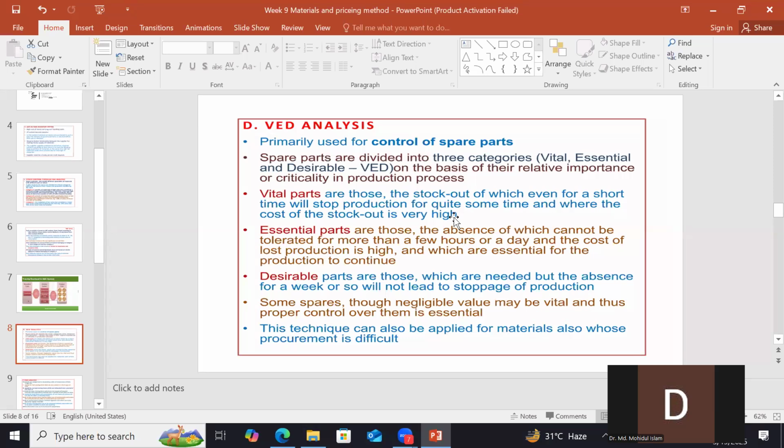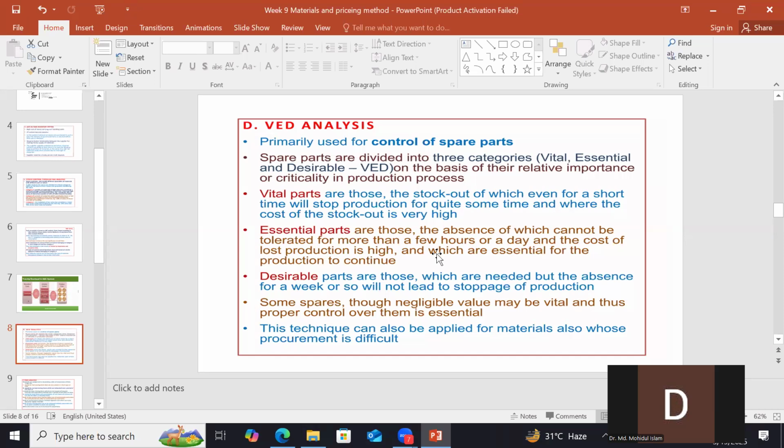And another, essential part. Essential parts are comparatively less important than vital parts. Essential parts are those the absence of which cannot be tolerated for more than a few hours or a day. If absent for a day or a few hours, the production cost will be very high.